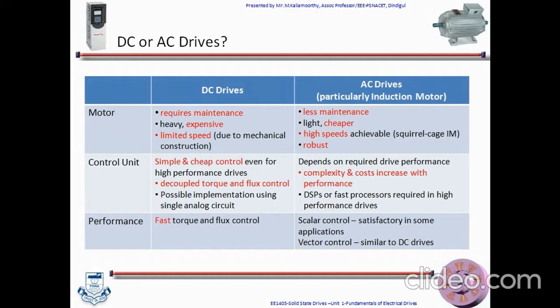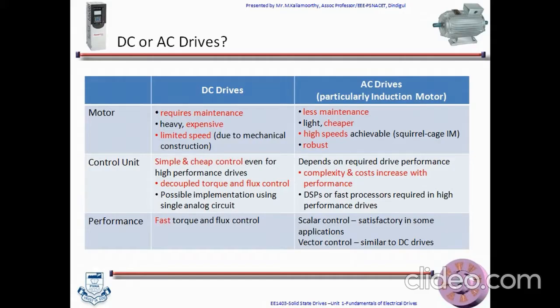But nowadays the vector control technique has come, which makes the AC motor operate very much like a DC motor. A DC drive can be implemented using a simple analog circuit, whereas to implement vector control techniques for an AC motor, which is very similar to a DC drive, we require fast DSPs, and the complexity and cost of the system increase with the performance.